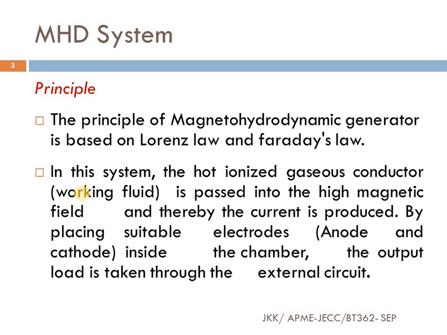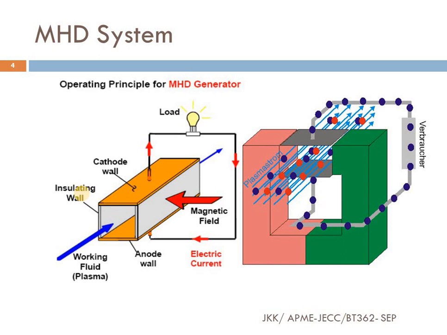I will explain the working with a figure. This is the simplest schematic of the operating principle of an MHD system. Here we can see we have a duct. Through this duct, the working fluid, the hot ionized gaseous conductor, will be passing through the channel, and perpendicular to this motion, we provide magnetic flux lines.